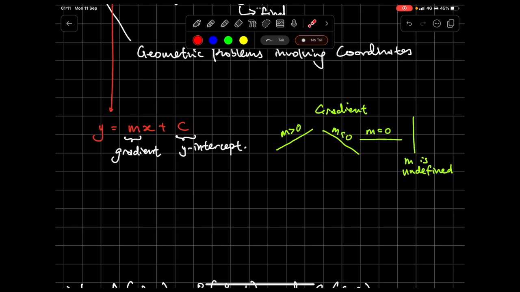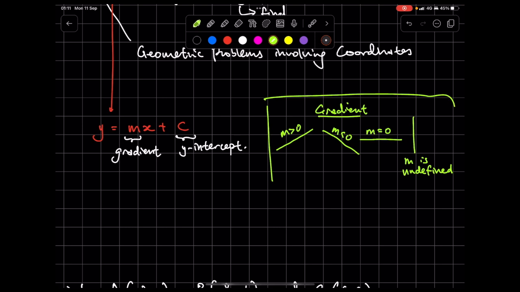By right we're supposed to say undefined. If any question asks what kind of gradient a vertical line has, you say undefined. Don't say infinite gradient. That's actually incorrect. So this is quite a short recap of what types of gradients there are.